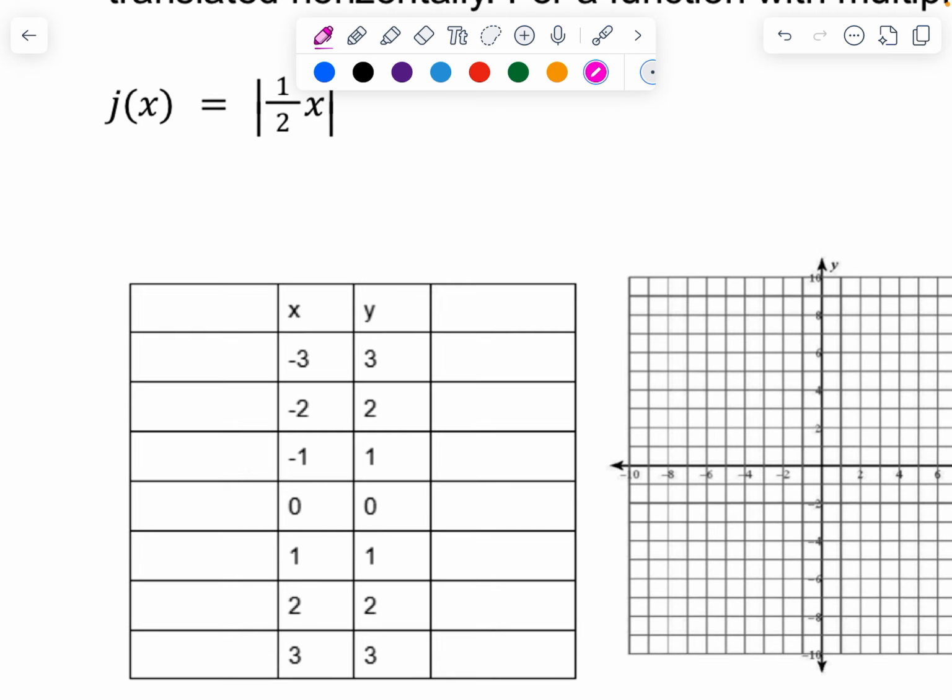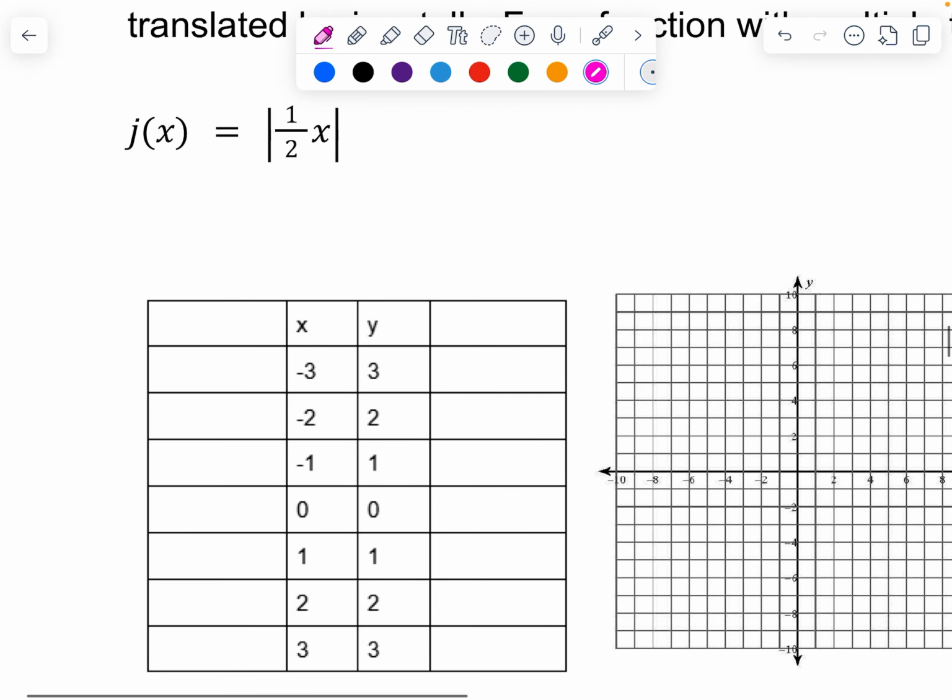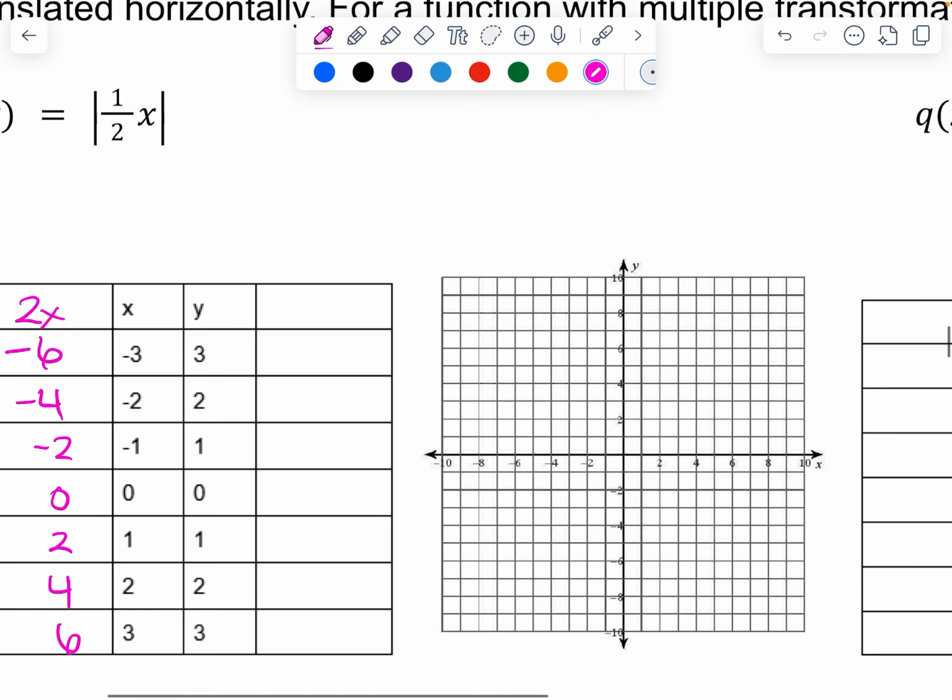So again, whatever's on the inside, we're going to do the opposite operation. So that means instead of dividing by 2, we're going to multiply by 2. I'm going to get negative 6, negative 4, negative 2, 0, 2, 4, and 6. So I'm going to come over here, and I love doing my parent graph first. It's always nice to do the parent graph in a different color, but you don't have to do that.